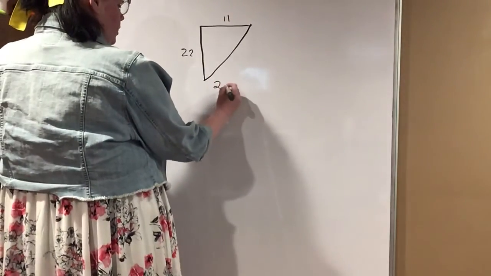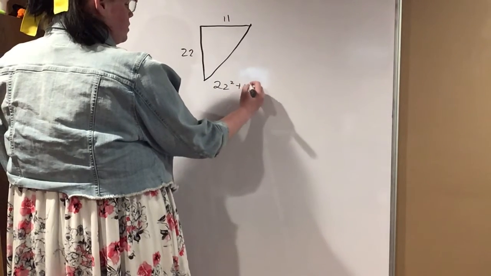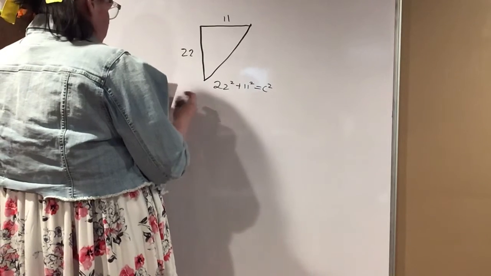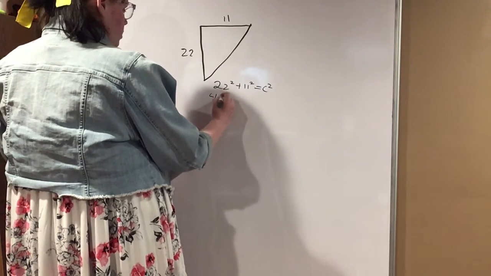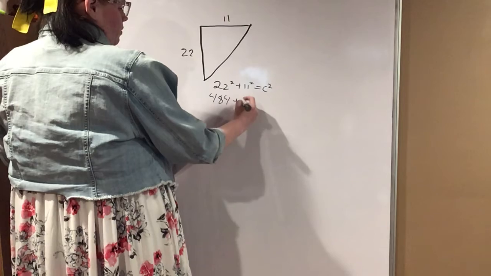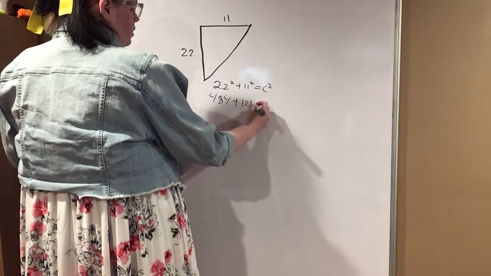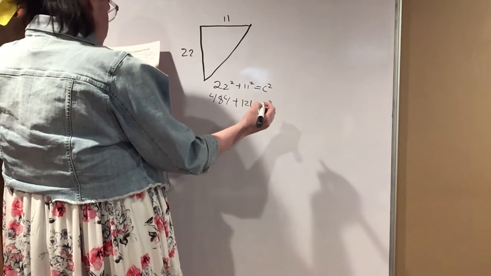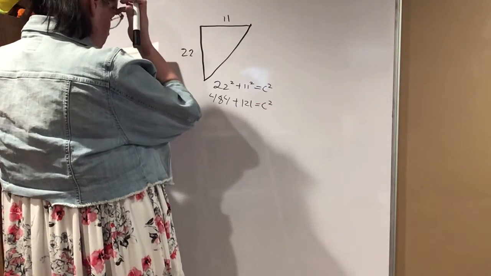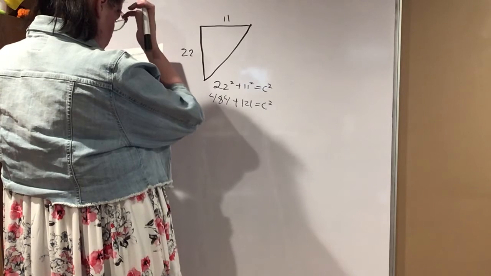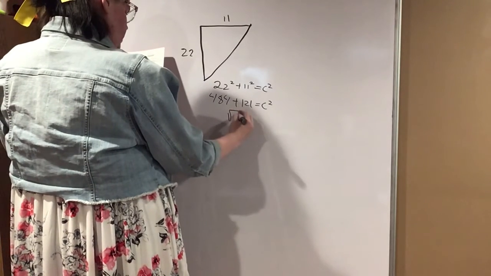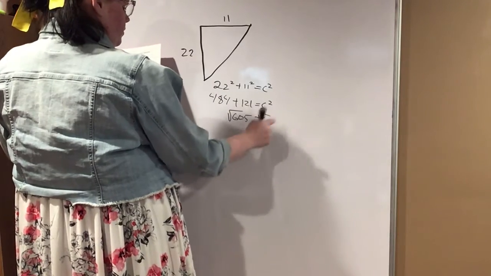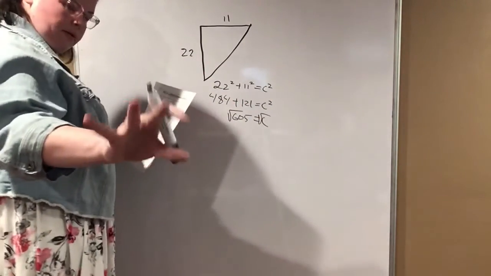So 22 squared plus 11 squared equals c squared. Well, 22 squared was 484 plus 11 squared, which is 121, equals c squared. Ooh, am I smart? I am smart today. Yeah, I am. Which is the square root of 605. Because I know that I have to take the square root. Sorry, I did a fast step and I apologize.